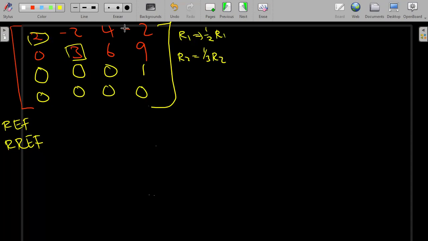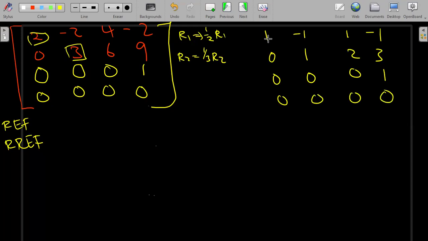So if I divide all these by 2, I'm going to get 1, minus 1, 1, minus 1. Then if I divide this, I'm going to get 0, 1, 2, and then 3. And this one remains the way it is, and even the last one remains the way it is. So this is the result of our first operations.